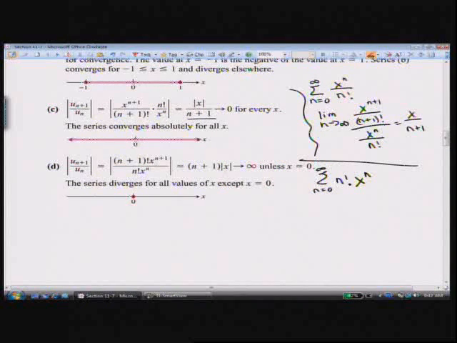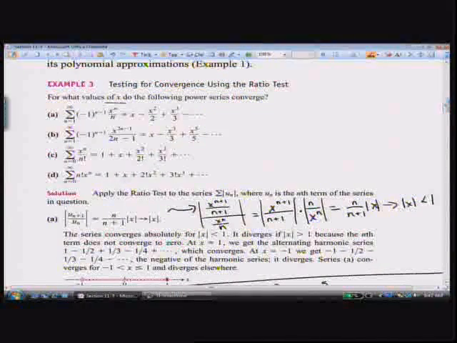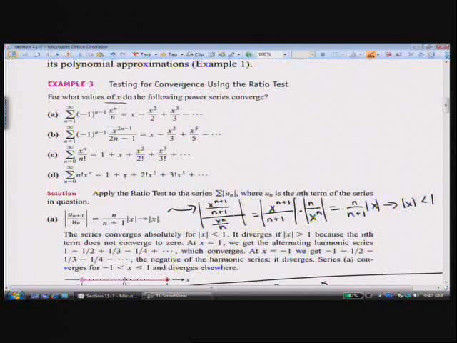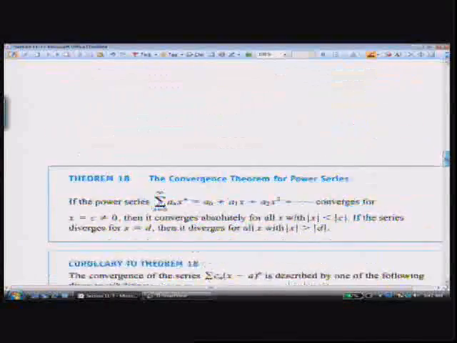So unless x is 0, that's going to go to infinity as n goes to infinity. See how that cleans up? And so this series diverges for all values of x except x equals 0, which is kind of dumb, because if x equals 0, then it's not very interesting, is it? The whole thing is just going to be 0. It's just going to be 1 plus 0, 0, 0. So it's kind of dumb. But anyway, that one is not a very useful power series.